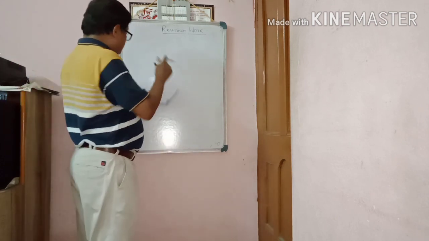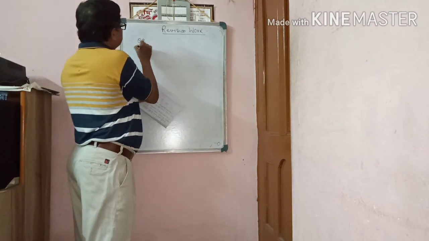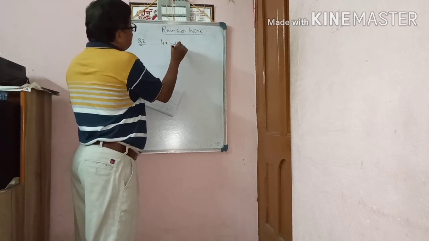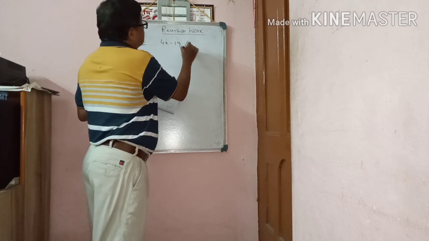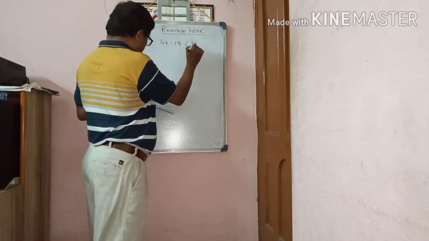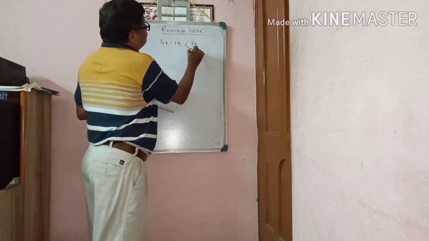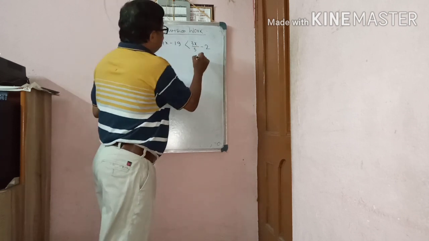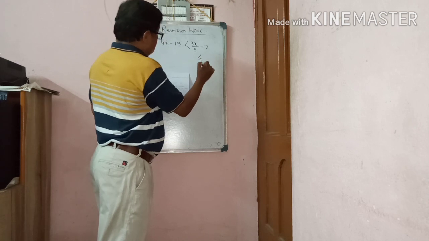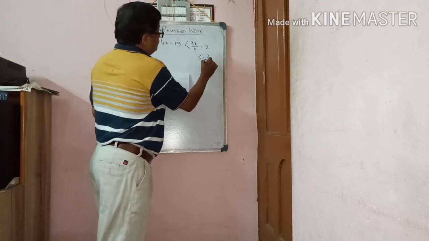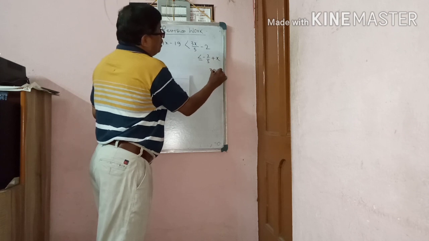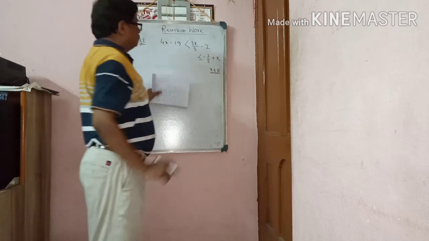Question number 2. 4x minus 19 less than 3x by 5 minus 2 less than or equal to minus 2 by 5 plus x, given x belongs to R, real numbers.